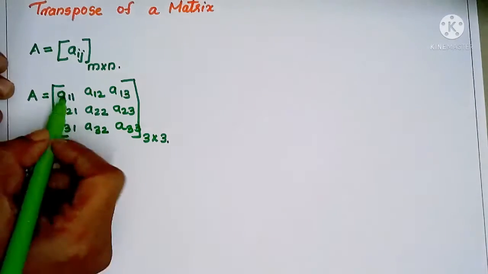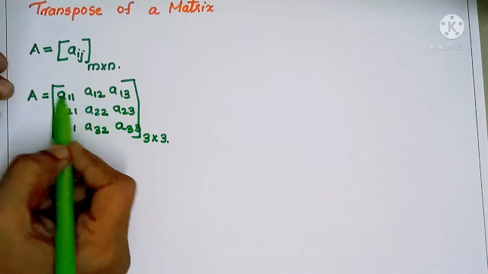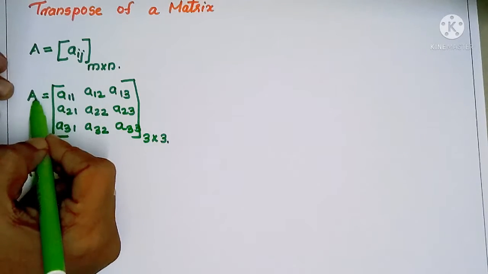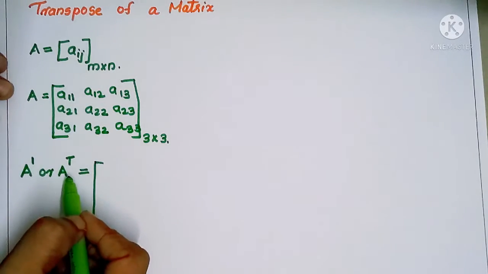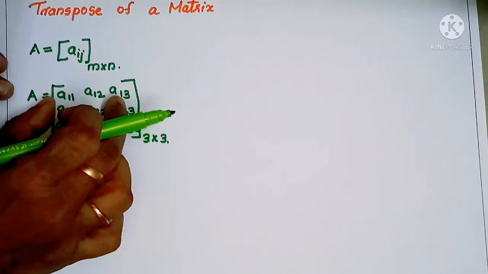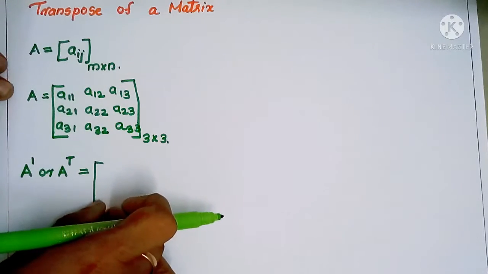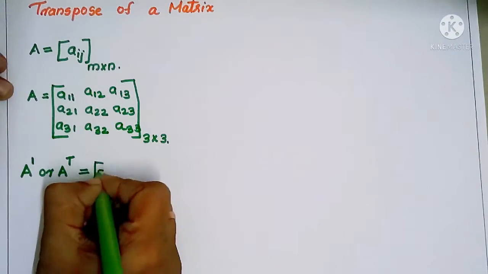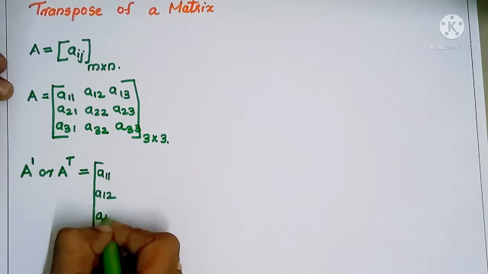A11, A12, A13 is the first row of matrix A. So to find A transpose, I am going to write it as the first column of the A transpose matrix. That means A11, A12, A13.